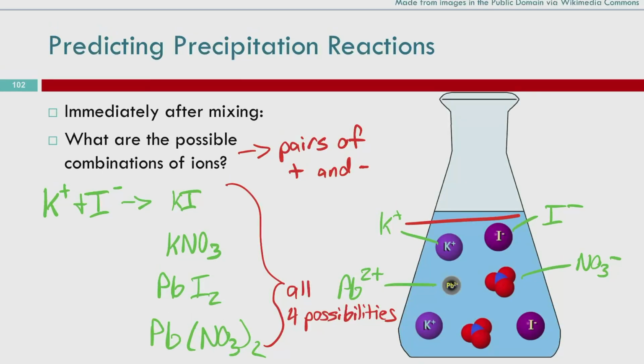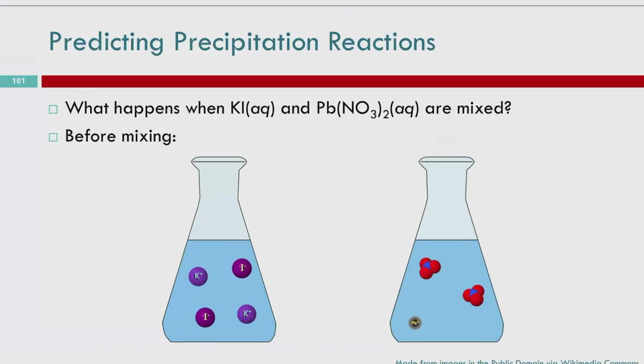That's not on the next slide. Let's go back. So the solutions that we started with were KI and Pb(NO3)2. If we're trying to predict a precipitation reaction occurring, and we started with solutions of potassium iodide and lead 2 nitrate, do we need to check if these are soluble? What do we have here?